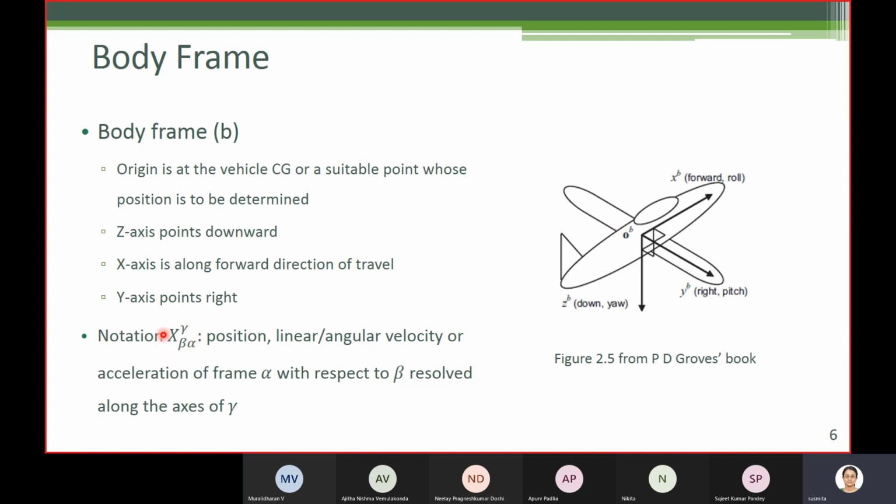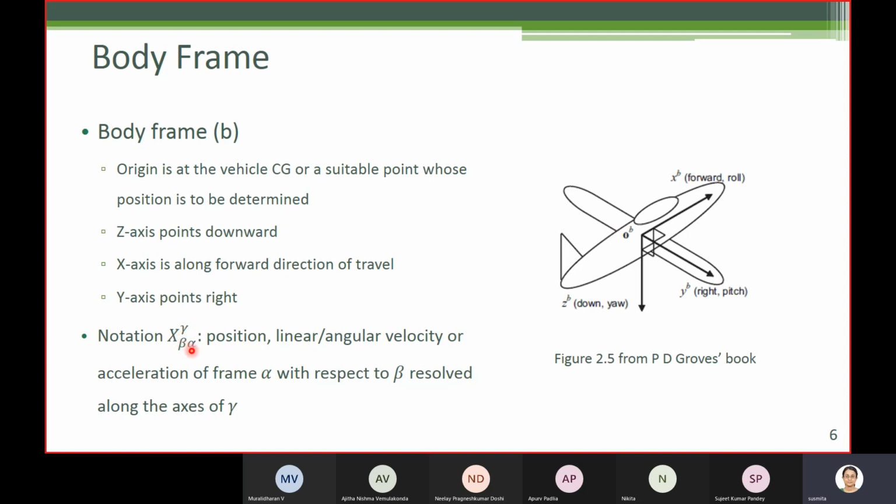Okay, so whenever we see a vector quantity with this representation, we will know that this is the reference frame, this is the object frame, and this is the resolving frame.